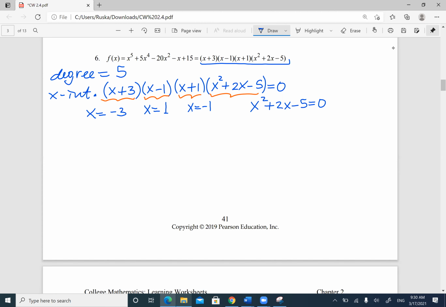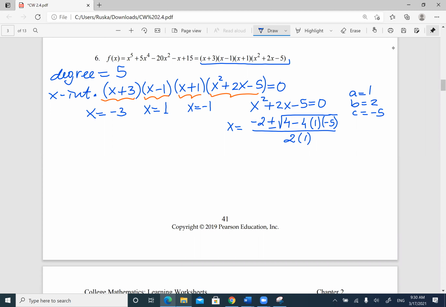So I'm going to start with a, b, c. What is a? a is 1, b is 2, and c is negative 5. We're going to plug those into the quadratic formula. So x is going to be negative b plus or minus the square root of b squared, which is 2 times 2, is 4, minus 4ac, all over 2a, 2 times 1.